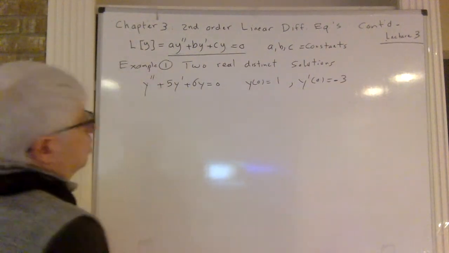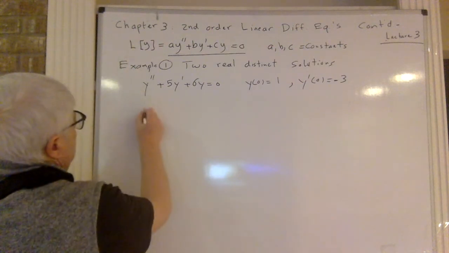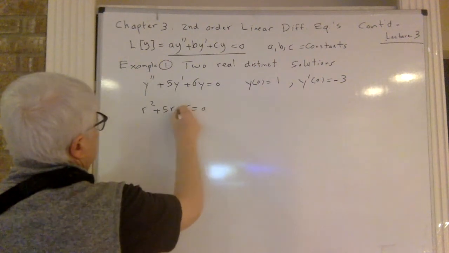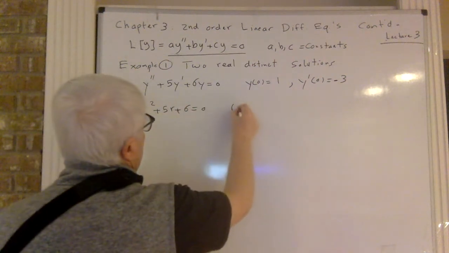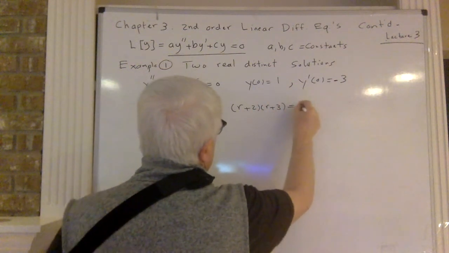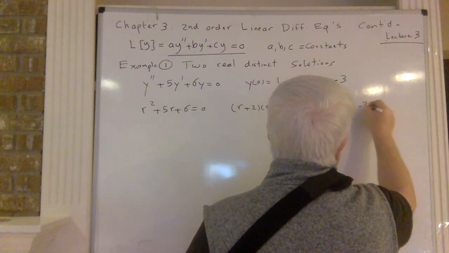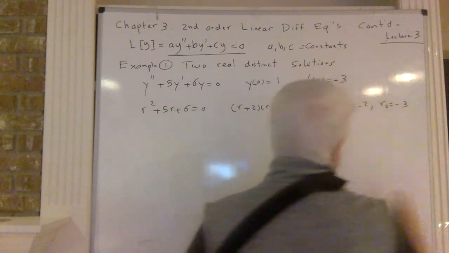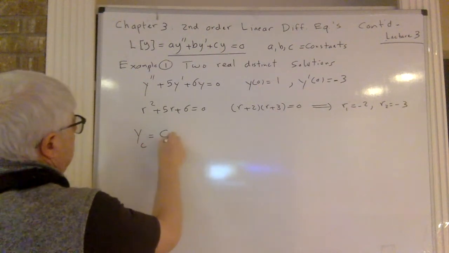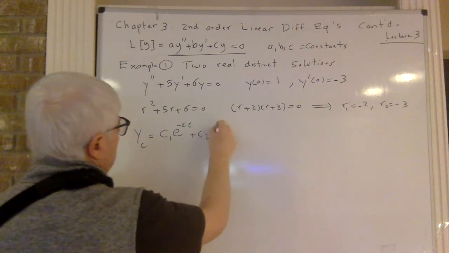So I am giving you initial conditions. So the characteristic equation is r squared plus 5r plus 6 equals 0, and that is in fact (r plus 2) times (r plus 3) equals 0. So I have r1 is -2 and r2 is -3. So the complementary solution will be c1 e to the power minus 2t plus c2 e to the power minus 3t.